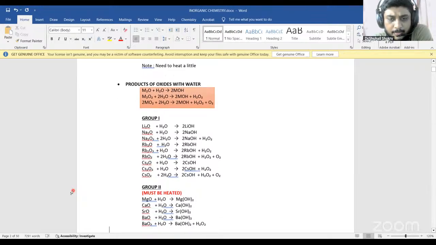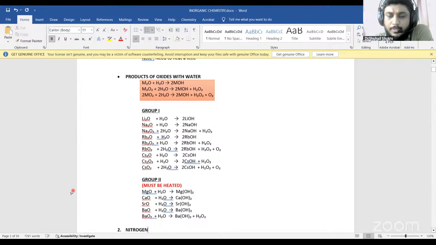Therefore, all the oxides with water give the hydroxides. All the peroxides will give the hydroxide and the hydrogen peroxide, H2O2. All the superoxides will give you hydroxide, hydrogen peroxide, and oxygen.